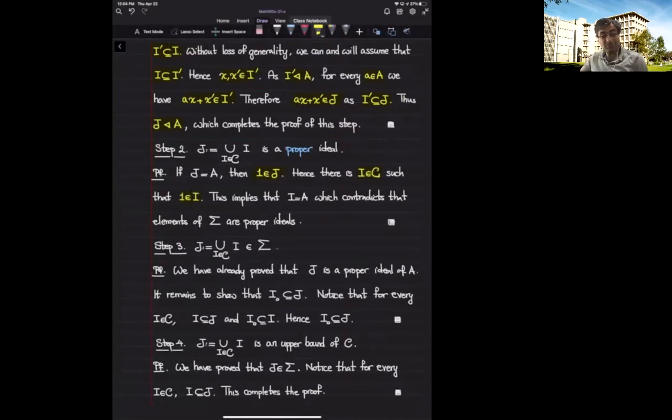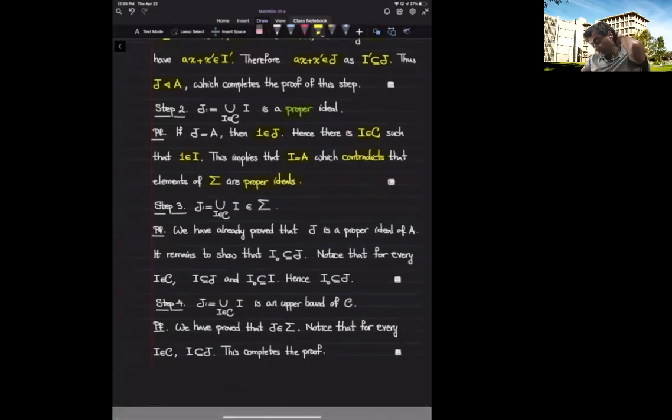But when 1 belongs to an ideal, it is the entire ring. That's a contradiction, because every element inside this chain is supposed to be a proper ideal. As sigma, and including C, all of them consist of proper ideals. So that gives me a contradiction. Therefore, it is indeed a proper ideal.